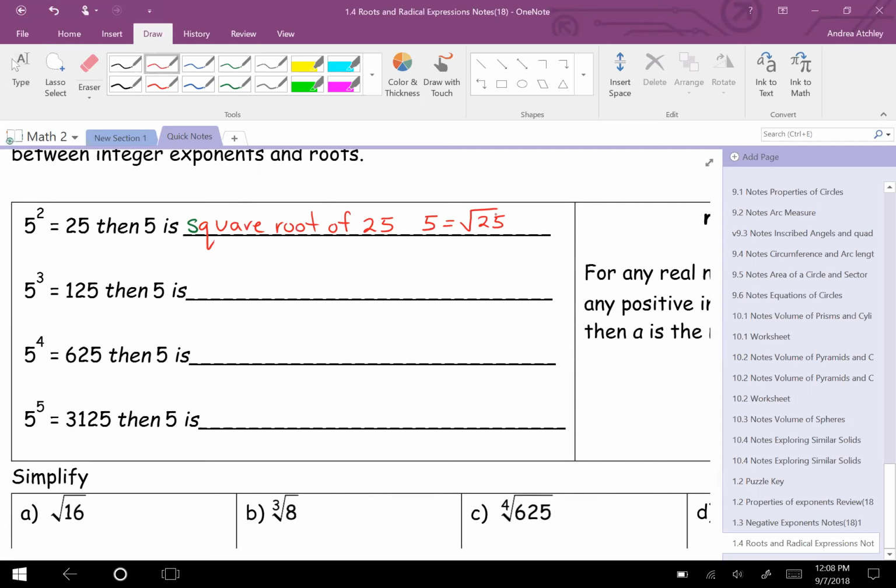Now we have cubes as well. Okay, so 5 to the third equals 125. Then 5 is the cubed root of 125.